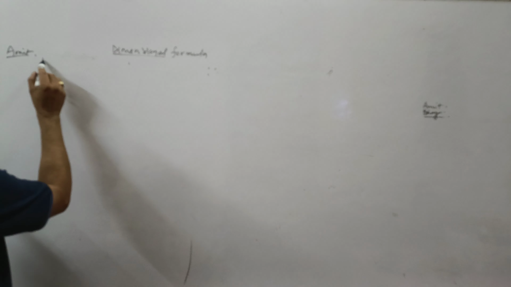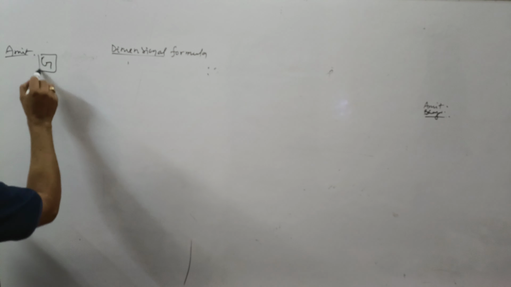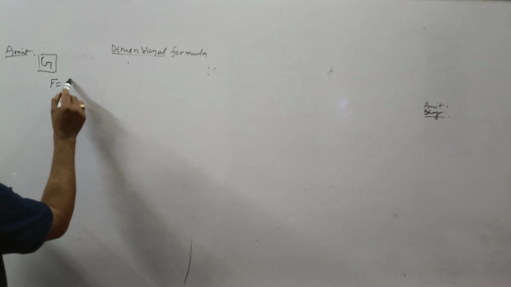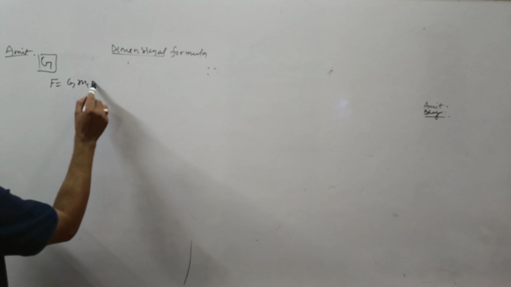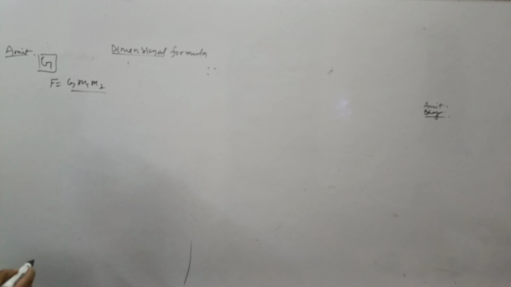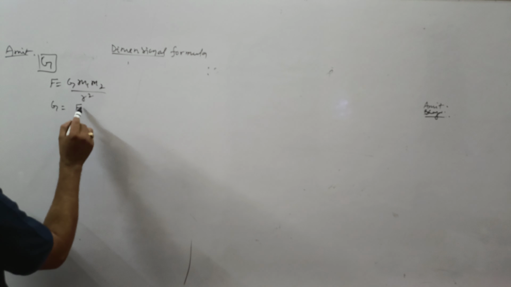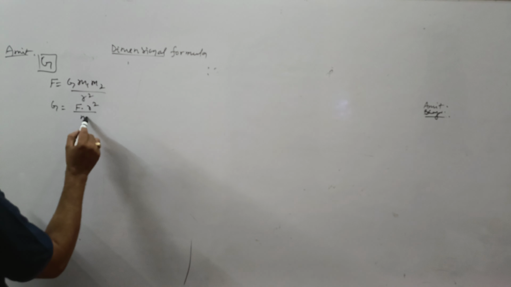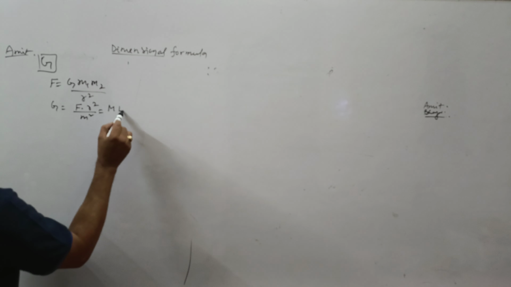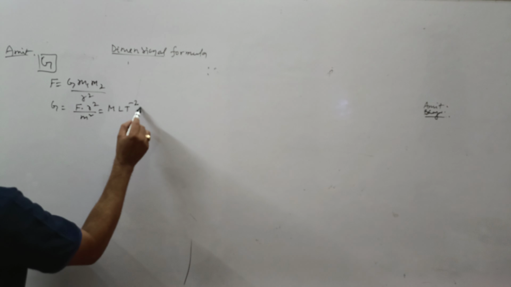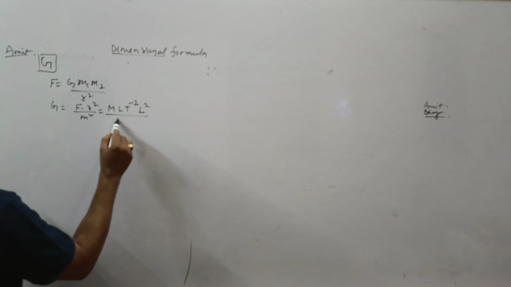We have the next topic, that is, we go for the dimension of capital G. In Newton's law of gravitation, force equals G m1 m2 upon r square. So we have G as F into r square upon m square. Force is mass into acceleration, into L square upon M square.